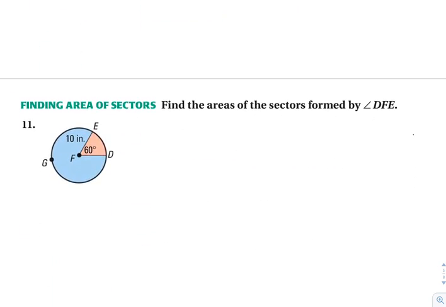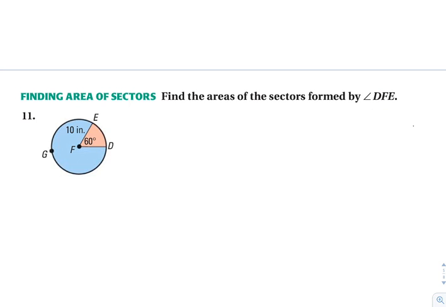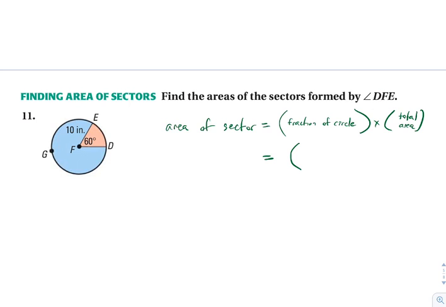So now let's actually find the area of a sector, okay? Again, the area of a sector in general is going to be equal to what fraction of the circle, times the total area. That's our general formula there. In this one it says find the area of both sectors.